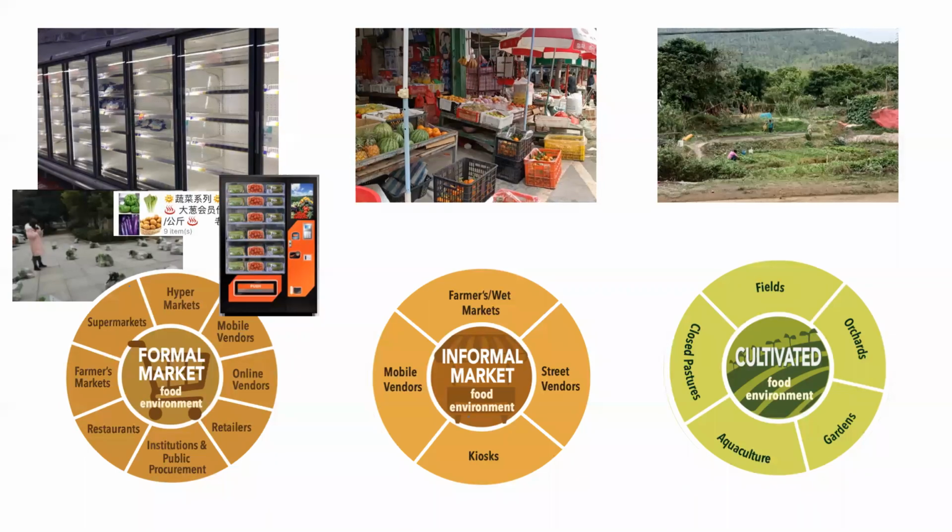For example, in the formal market environment, underneath these empty shelves, which were the initial photographs I was getting from my collaborators, after a few weeks they began to have access to fruits and vegetables. A lot of this was because of innovative platforms via WeChat and delivery systems and fruit and vegetable vendors that were popping up all over the place.